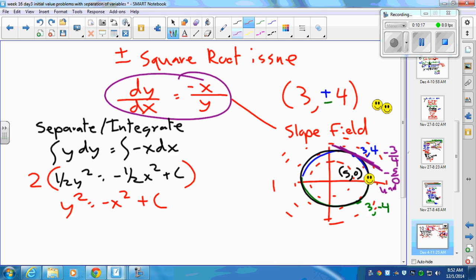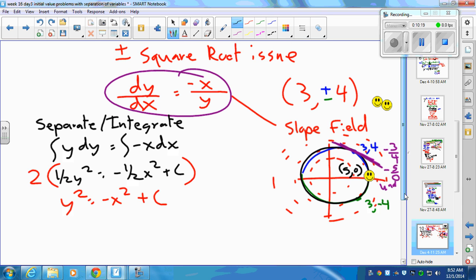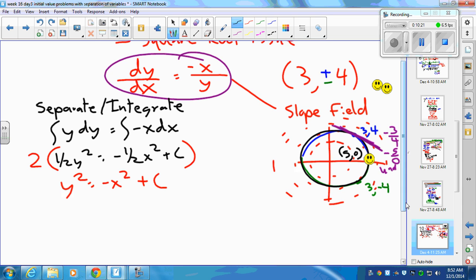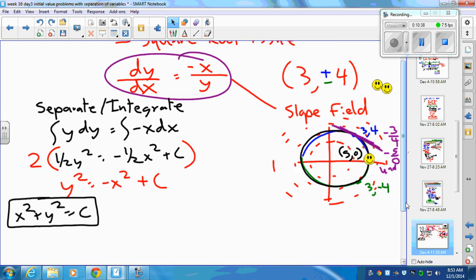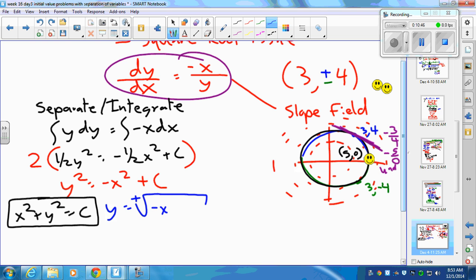Okay. Now, if you wanted to show the generic overall path, you could add the x squared over, and you have the generic path. That is showing a circle with radius square root of c. If you wanted to take the square root, you could say y equals the square root. If I do the positive version, I get the square root of negative x squared plus c.